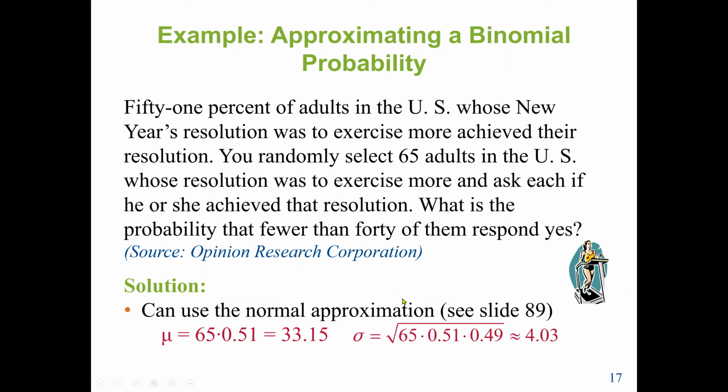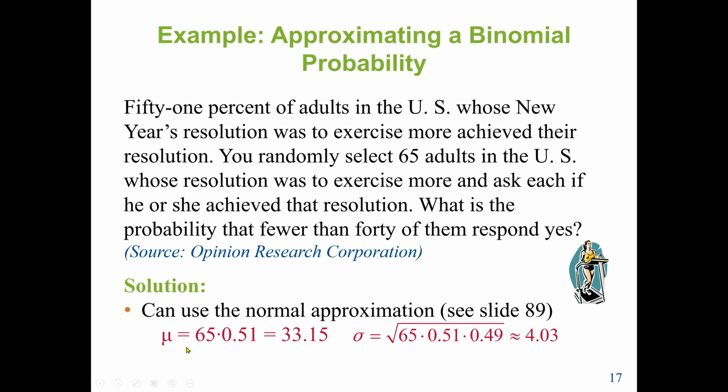So this is where we have to check our conditions. Can we use the normal approximation? We saw that on the previous slide, because NP is greater than or equal to 5, and NP was 65 times 0.51. NQ was also 65 times 0.49. Both of them give us an answer greater than or equal to 5.